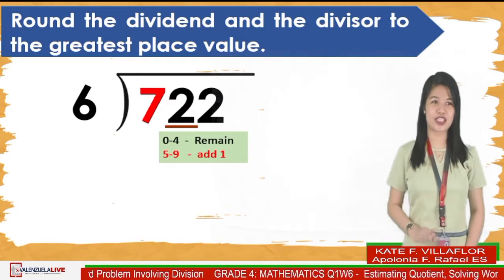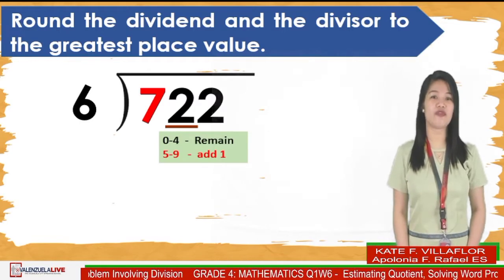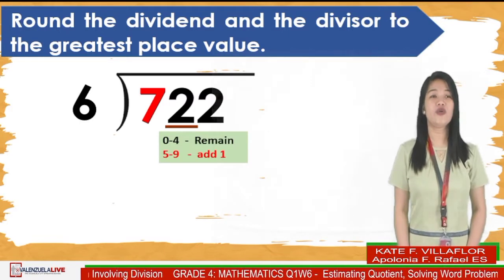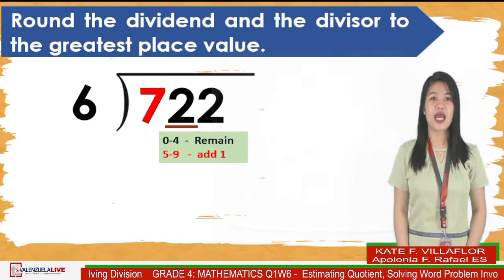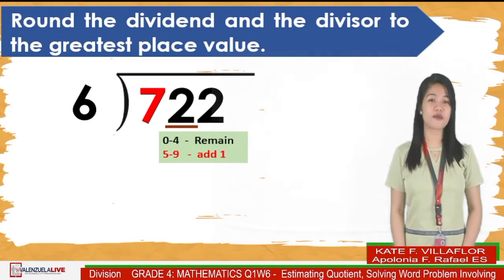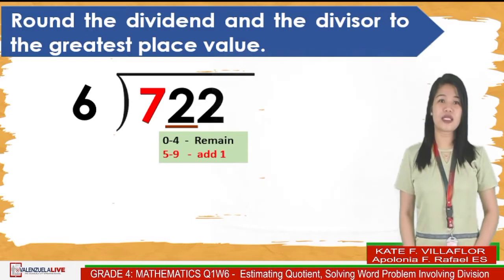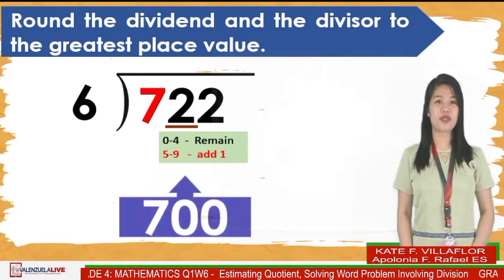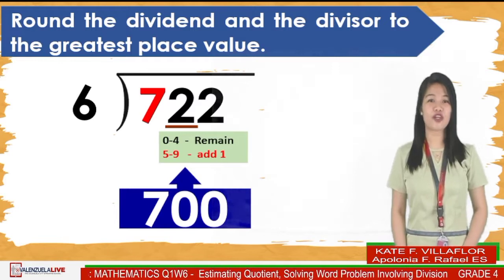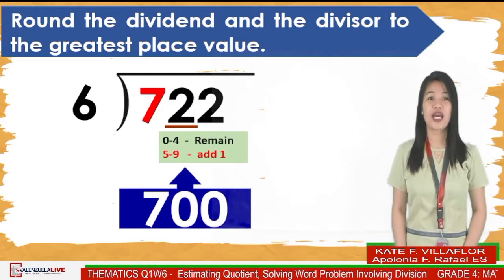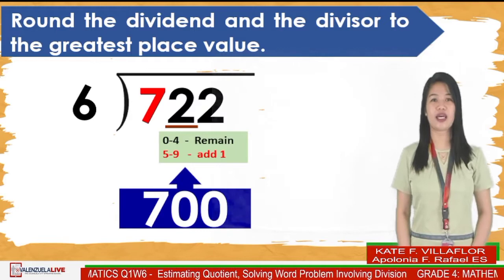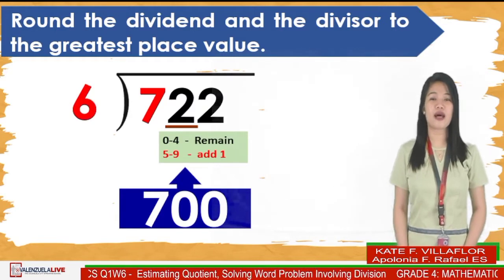And if the digit to the right is greater than 5 or 5 to 9, you need to add 1 to the digit. Since the digit to the right of 7 is 2, it means the 7 will remain the same. That's why, if we round off 722, the answer is 700. Then just simply copy 6.